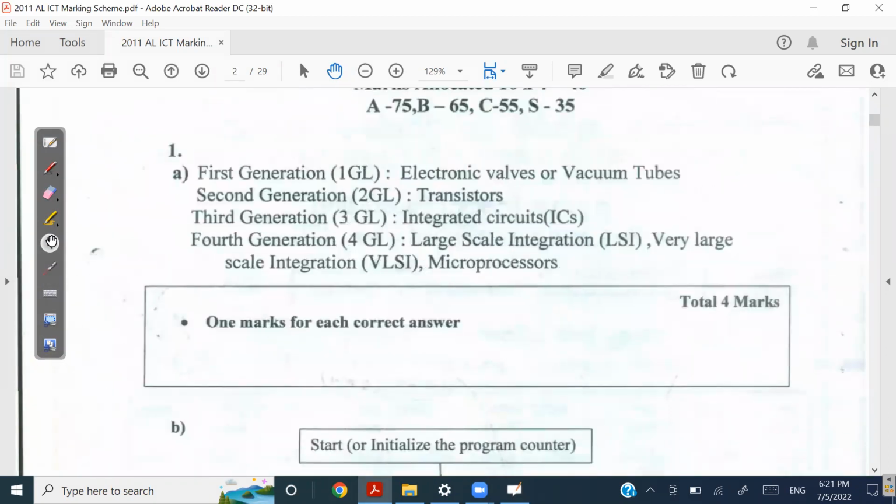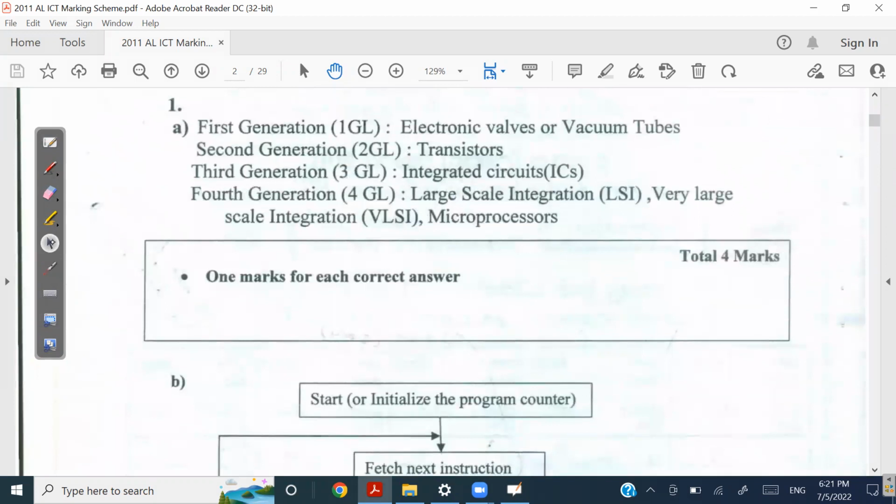Okay, so the very first question is asking about the generations and the technologies that they were using, right? The first generation is electronic valves or the vacuum tube. Second generation, transistors. Third generation, integrated circuits. Fourth generation, large scale integration, as well as very large scale integration and microprocessors.